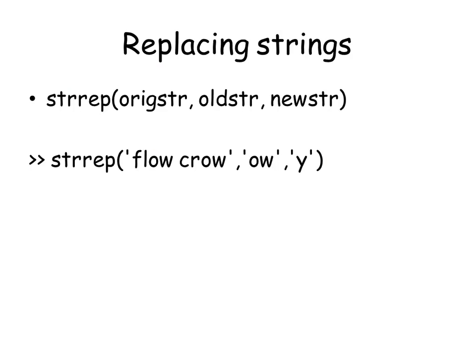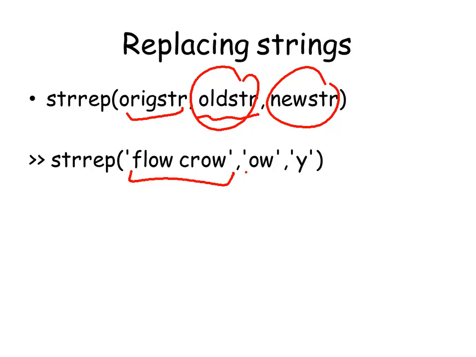We can just use the strrep function, which will take an original string, meaning a large string that you want to find the old string inside, and replace all of the occurrences of the old string with the new string. An example is shown, flow crow. Inside that string, I will replace all of the OWs with the letter Y. And it will give me the string fly fry.